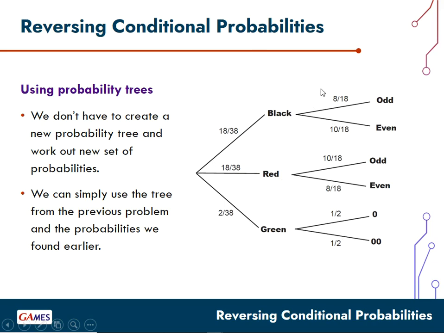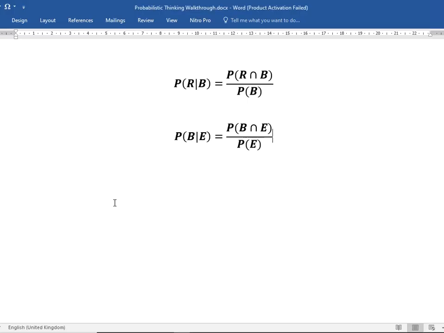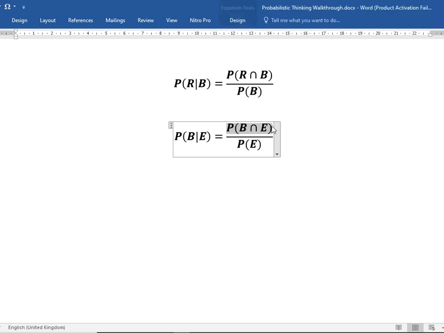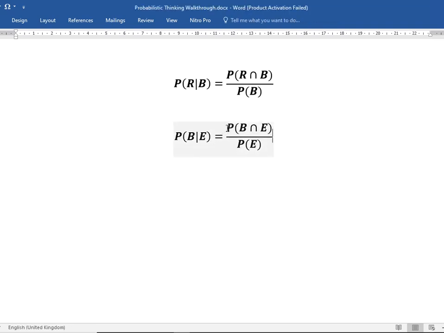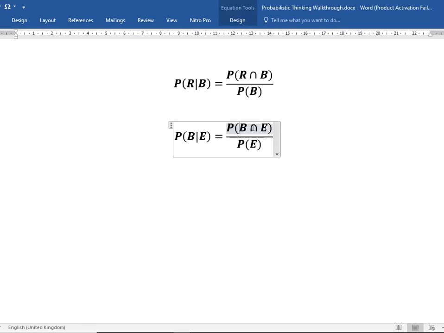So given this information here, or this probability tree, we can use this information to arrive at what we initially had here as probability of B intersect E. Because you might not be given this probability, you might be given individual probabilities.